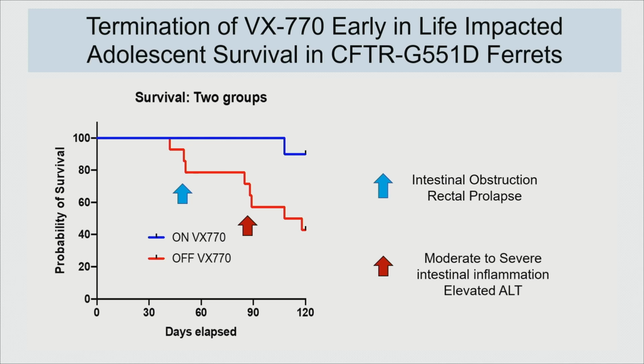The first happened very rapidly, about 3 weeks after removing VX-770, and they lost about 20% of the kits. This was mostly caused by intestinal obstruction or rectal prolapse. The second phase happened about 6 days after, and they lost about 35% of the kits. When we examined the histopathology, the most obvious changes were intestinal inflammation and aberrant liver function.